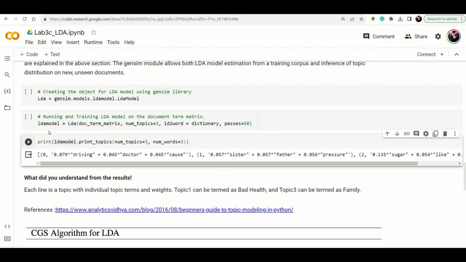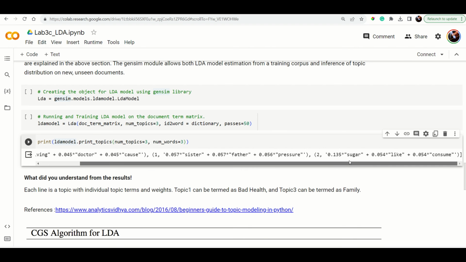From this probability you have to identify that driving causes something, which the doctor has said something about, and sister, father, and there is a lot of pressure by driving, and then sugar, like, consume. If you like sugar and consume too much, it's bad for us. There's something related to health.